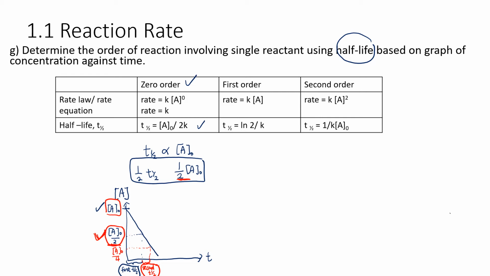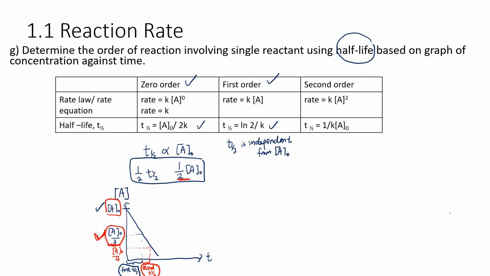Now we move on to look at first order reaction. For the first order reaction, the half-life formula is equal to ln 2 over k. Can you see that for the first order reaction, the half-life is independent from initial concentration.